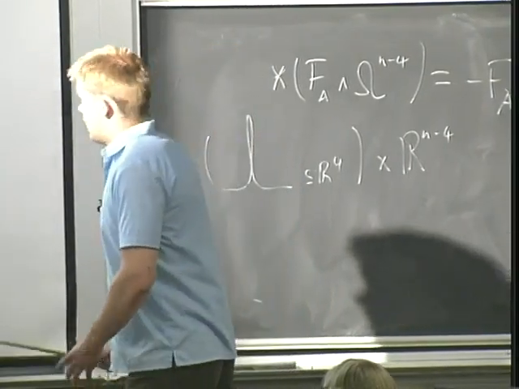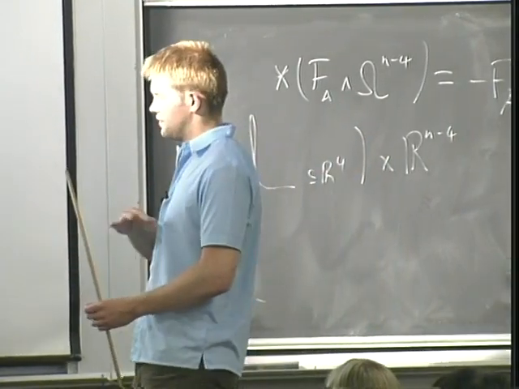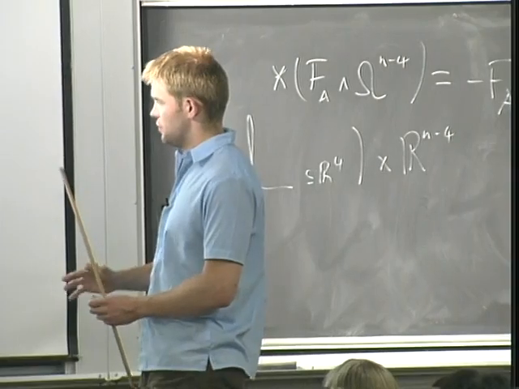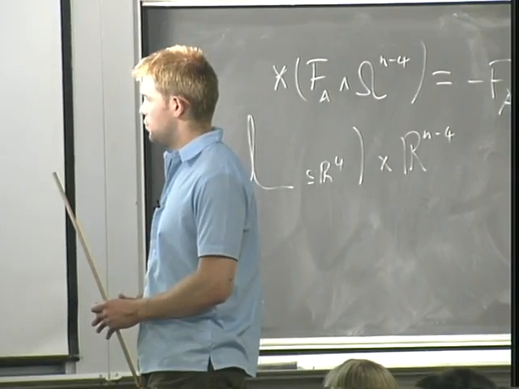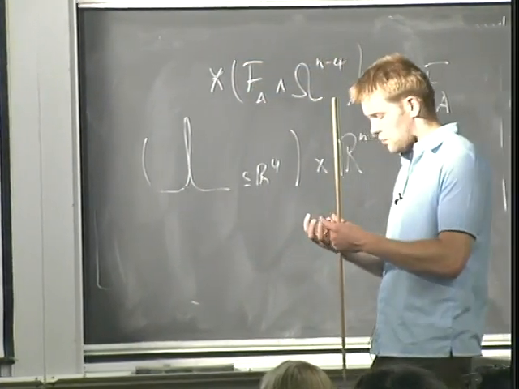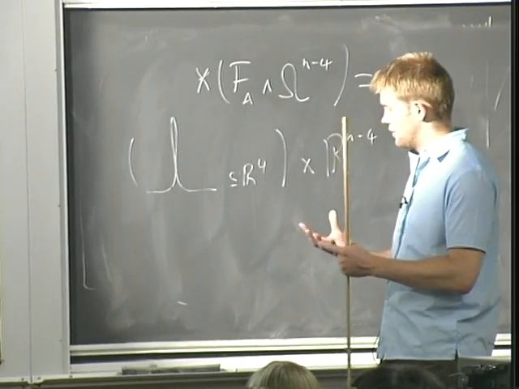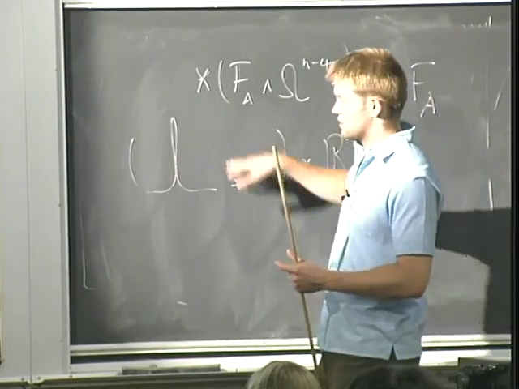And if you blow it up at the right rate, you can get a limit anti-self-dual connection, which is non-trivial, it's non-zero, but it's also smooth. I'm analyzing a point of this blow-up locus, and I'm rescaling everything so that it looks smoother.